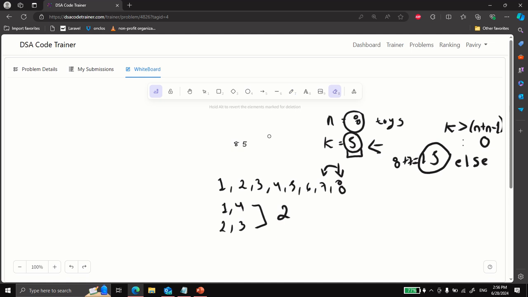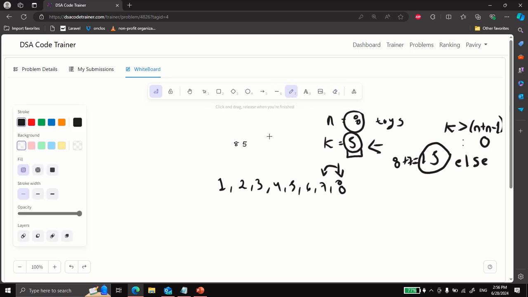Well, we have to consider something, and that is that we have to check 2 options: when our k is lower or equal than our n, and when our k is greater than our n.